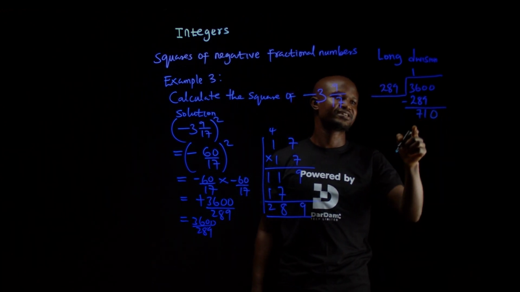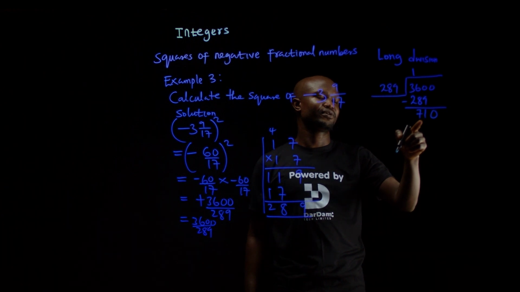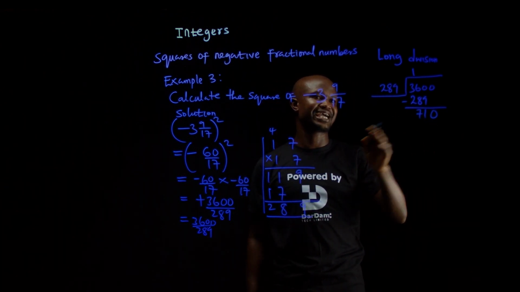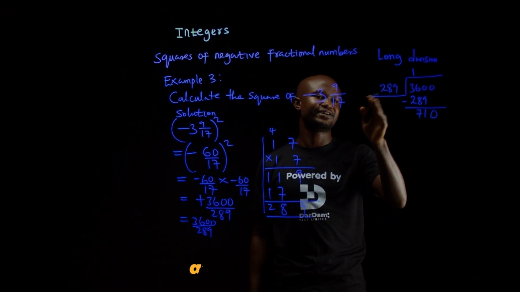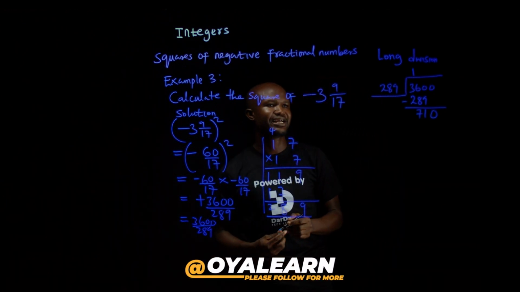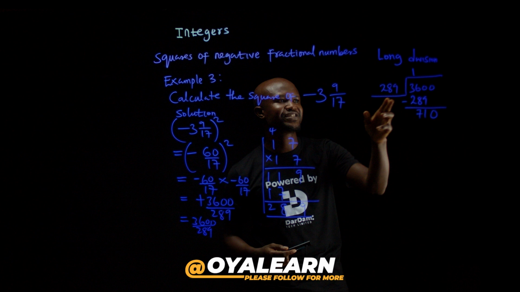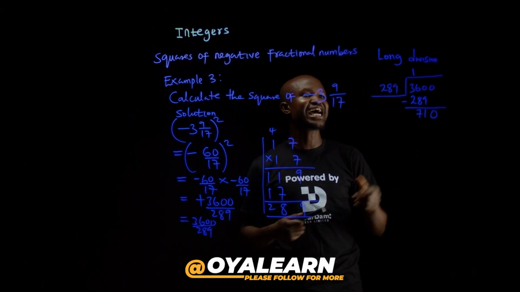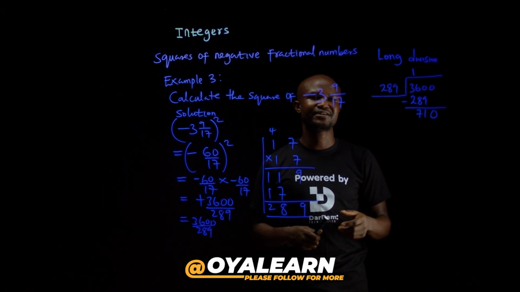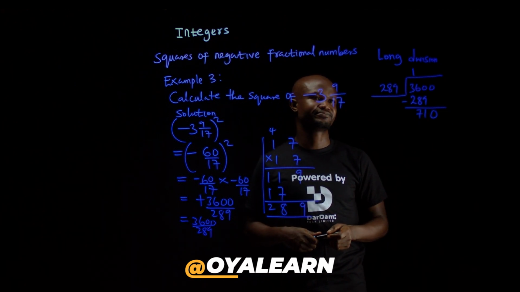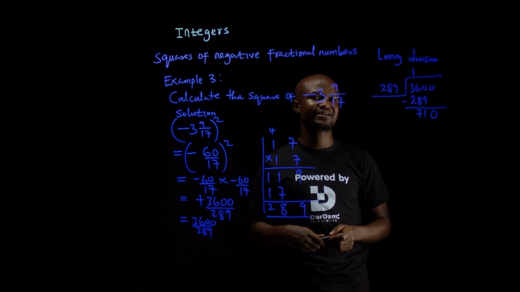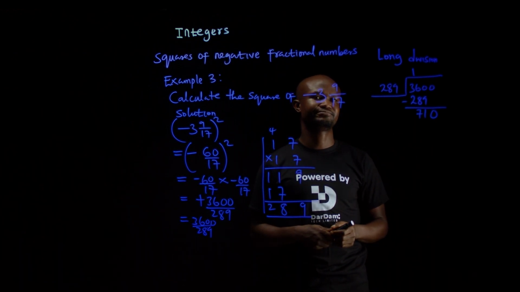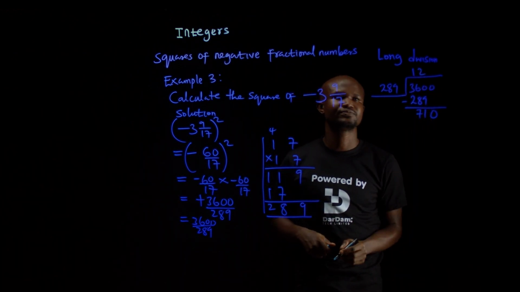So in this case, 710 divided by 289. How many of these are we going to see here? Is it up to 3? If you check 289 by 3, it is going to be more than 710. So it means we have 2.